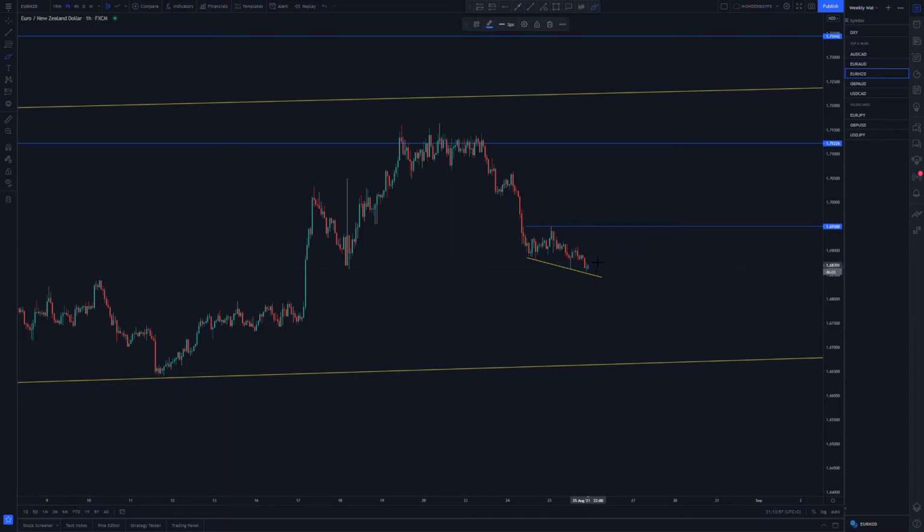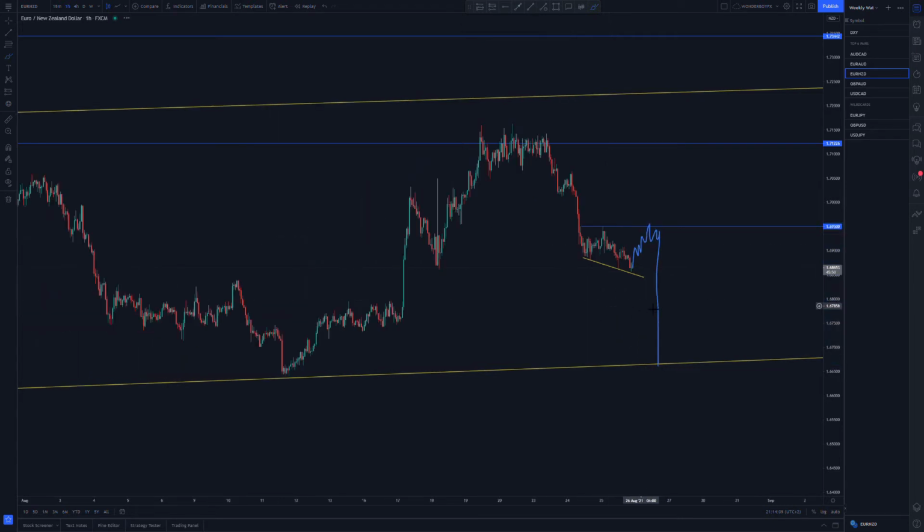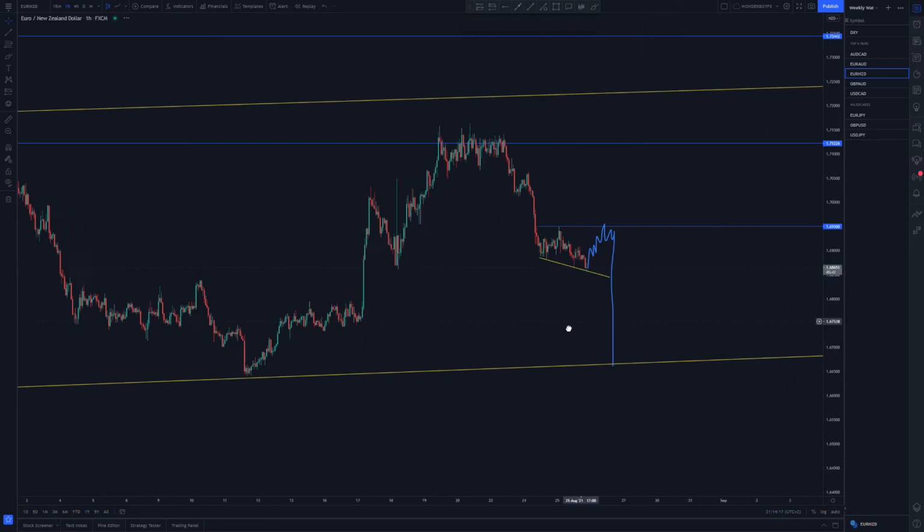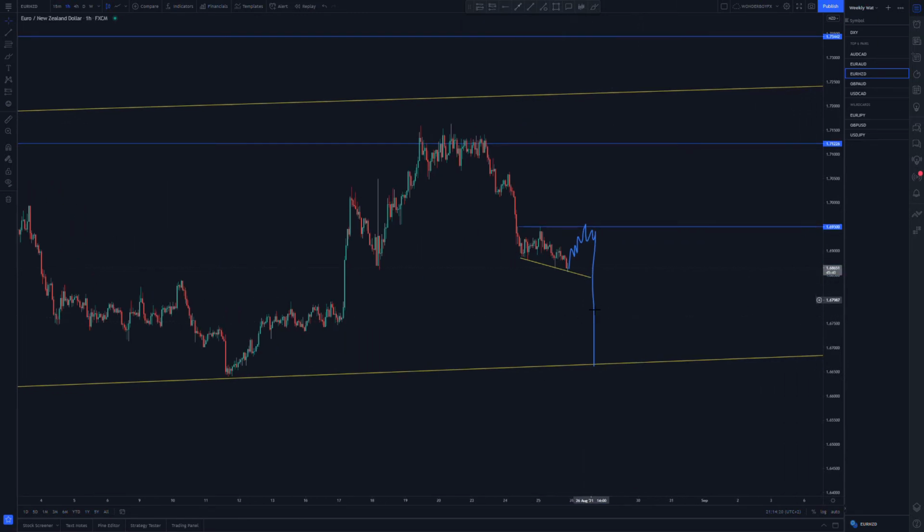So just gonna be waiting to see how price gonna develop from this area to these areas, then take it to the downside. Now targeting this low here, or this low here. So we just have to wait and see how price gonna develop, then take it from there.